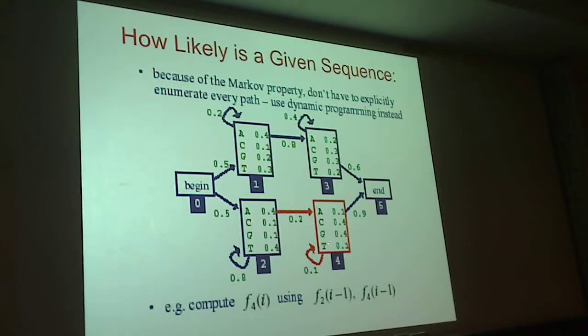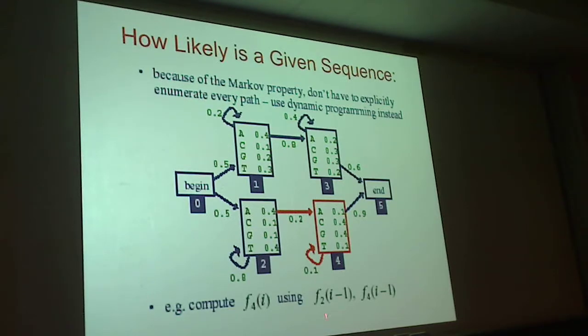So, what's the only thing you need to know? In fact, if you are in this box, you need to think, how can I get into this cell to emit a symbol in the sequence that is here? You could only get in this case, in this model, by coming out of this cell through this transition probability. And of course, the other possibility is if you're before in this cell, you will get back into it.